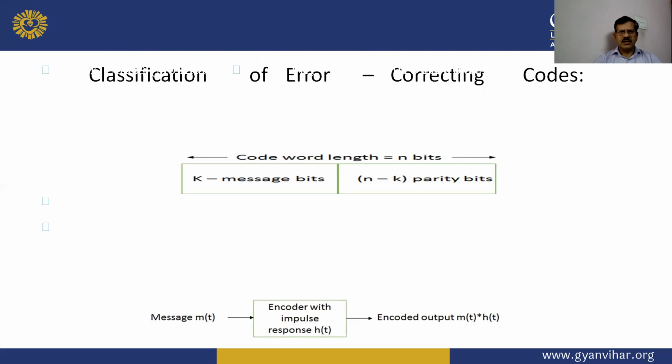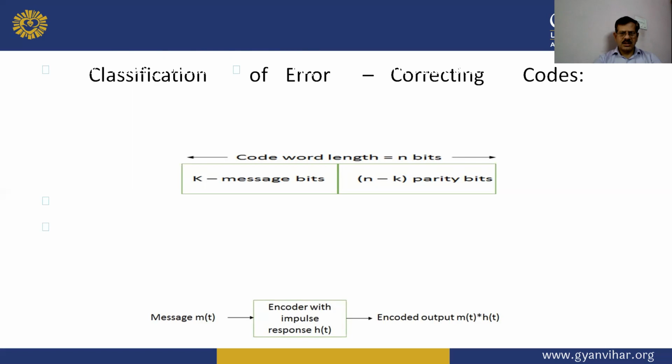So, classification of error correcting codes: the code word length is n bits, k is the message bits, and n minus k is the parity bits. So the total sum of message bits plus n minus k parity bits is the code word length.